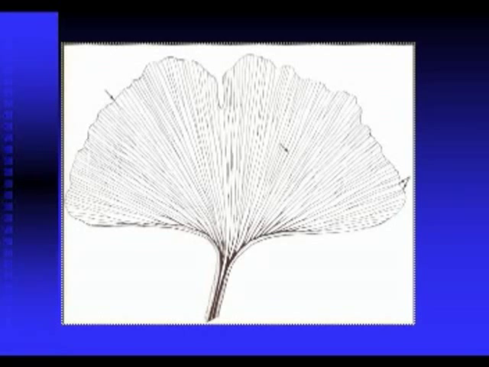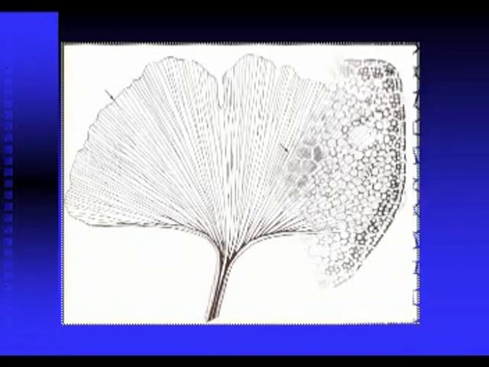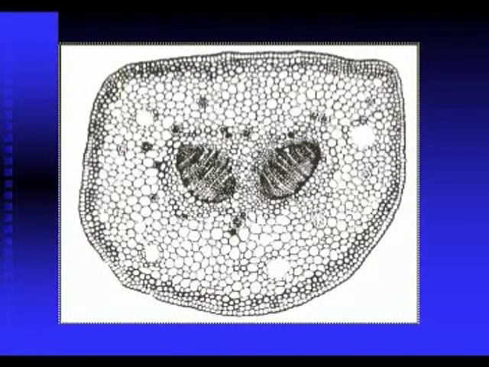The leaves are simple with a long petiole, and the venation is open dichotomous. The petiole has two endarch vascular strands, each one entering the respective half of the leaf.